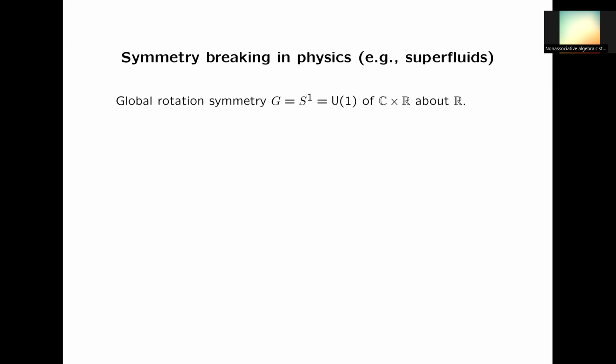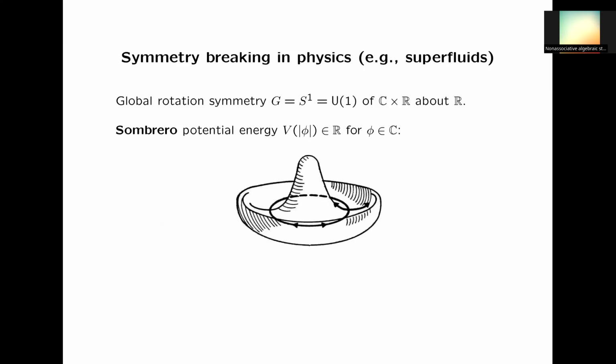And what kind of symmetry breaking is going on there? Well, the nice simple example, we have a global rotational symmetry, S1 or U(1) of C, cross R about R, so a three-dimensional real space there. And then we have the famous sombrero picture, which is the classic way to present symmetry breaking.